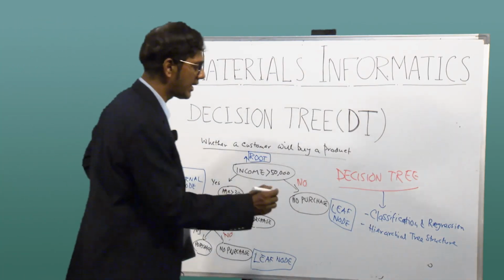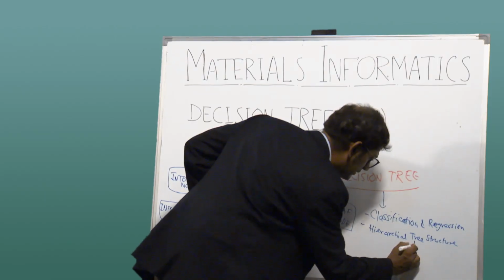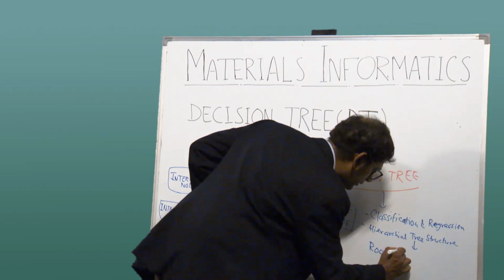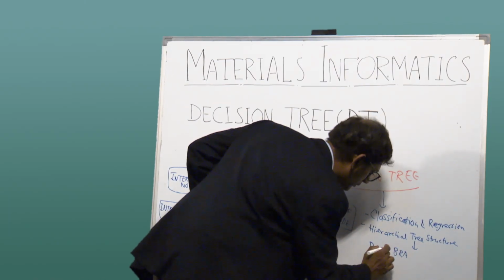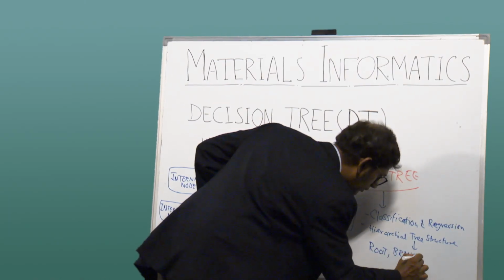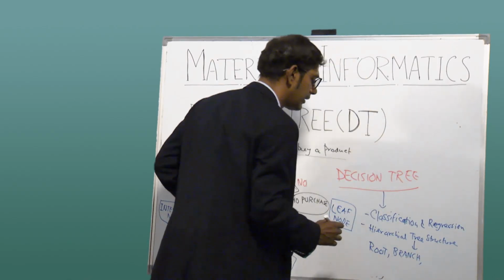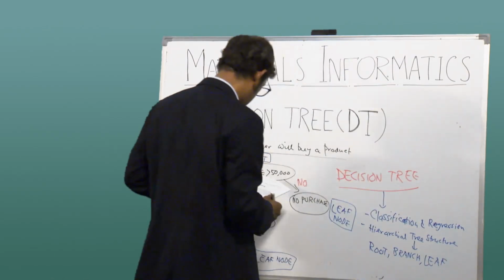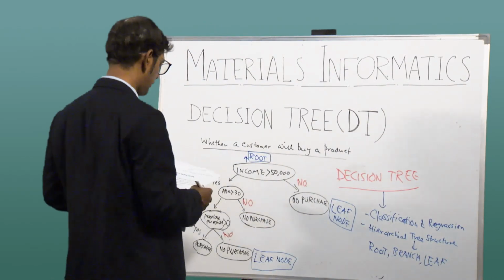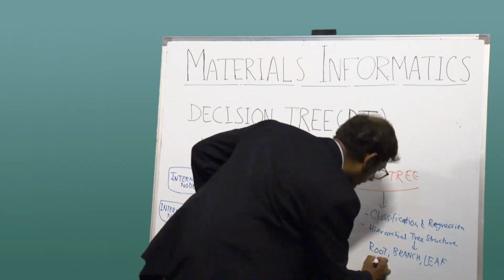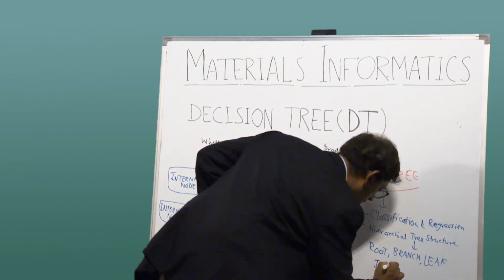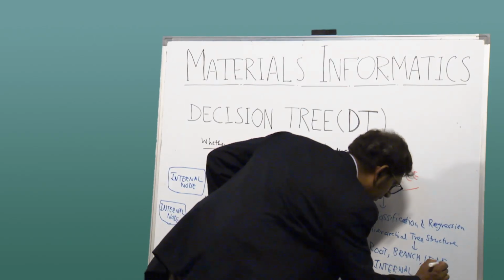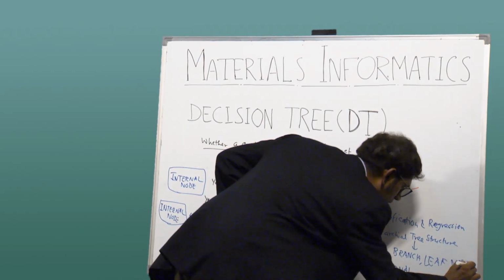So, what does the tree structure have? It has root, and it has branch, and it has leaf. What else it has? An internal node, right, internal node. These four important aspects: root, branch, leaf node, internal node.